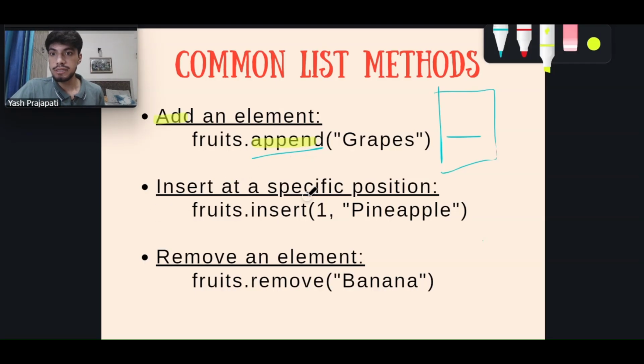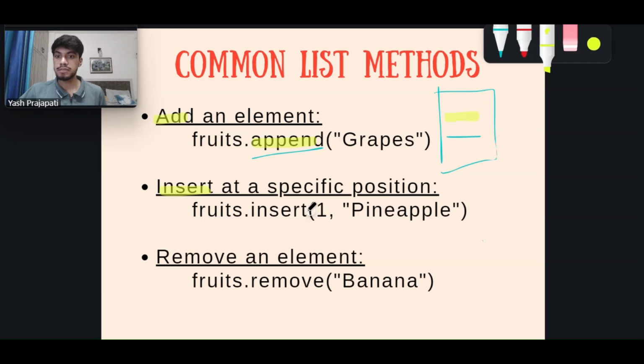Similarly, to insert a value at a specific position, we use insert. Append adds at the bottom of the list, while insert adds at a specific position, for example the first position.